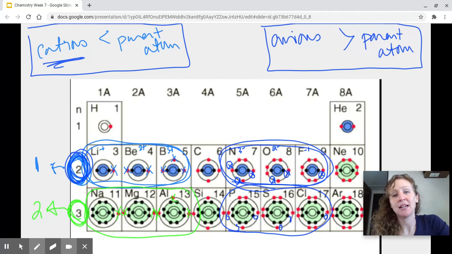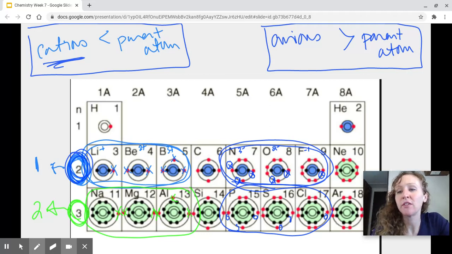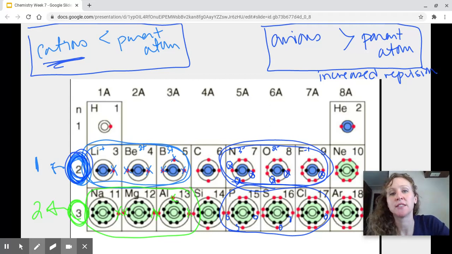Again, the anions are going to be bigger than the parent atom because of increased repulsion. They fill their energy level. Their protons don't change, so their size change can't be explained in terms of protons or nuclear charge.